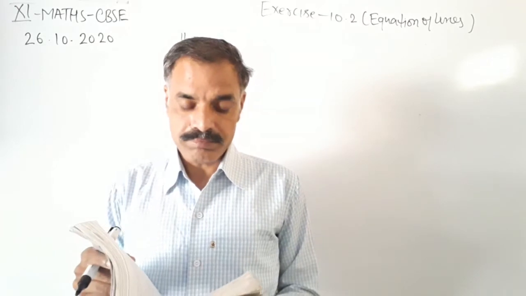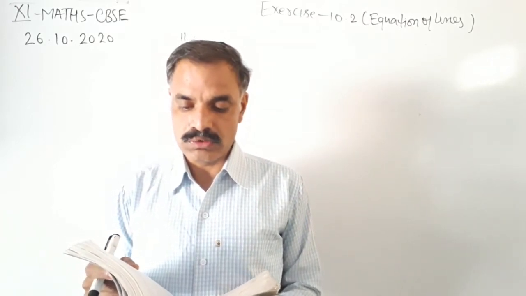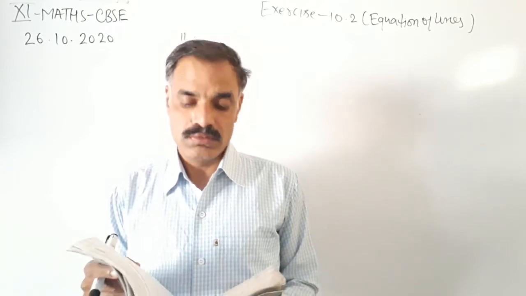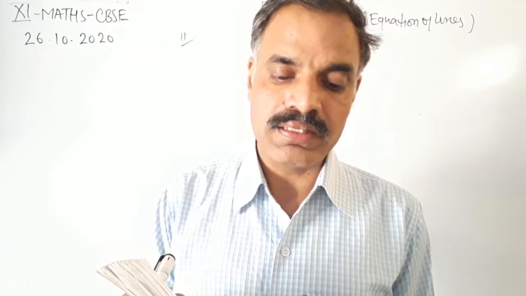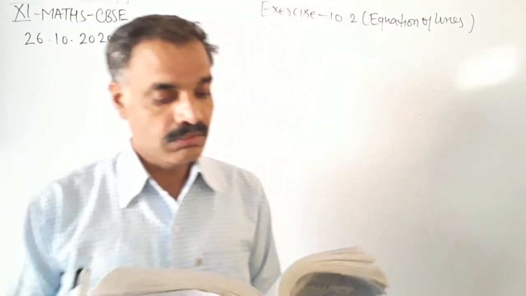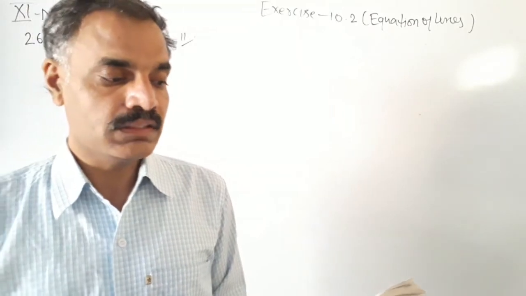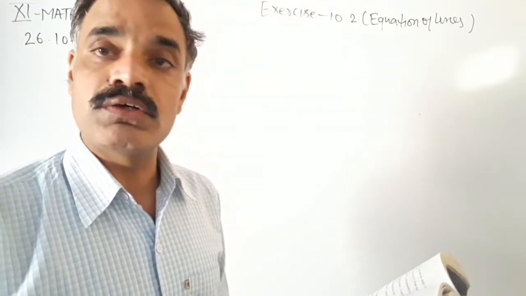A line perpendicular to the line segment joining the points (1, 0) and (2, 3) divides it in the ratio 1:n. Find the equation of the line. Are you understanding? I am again reading the question.